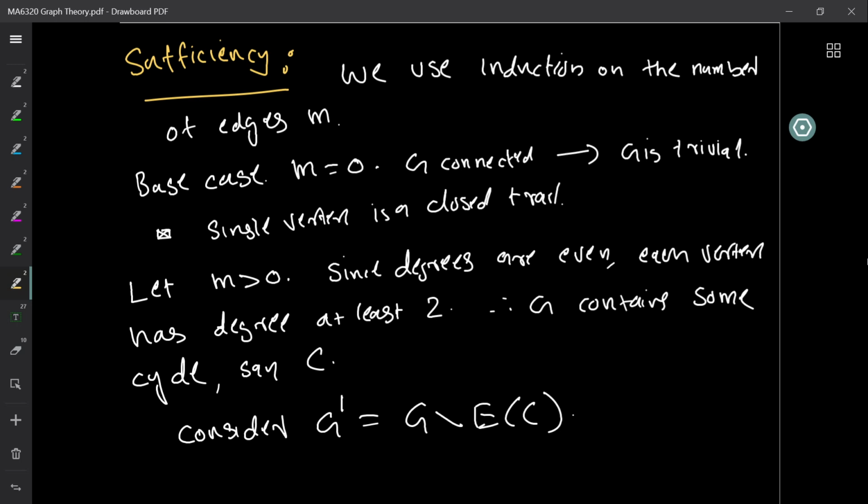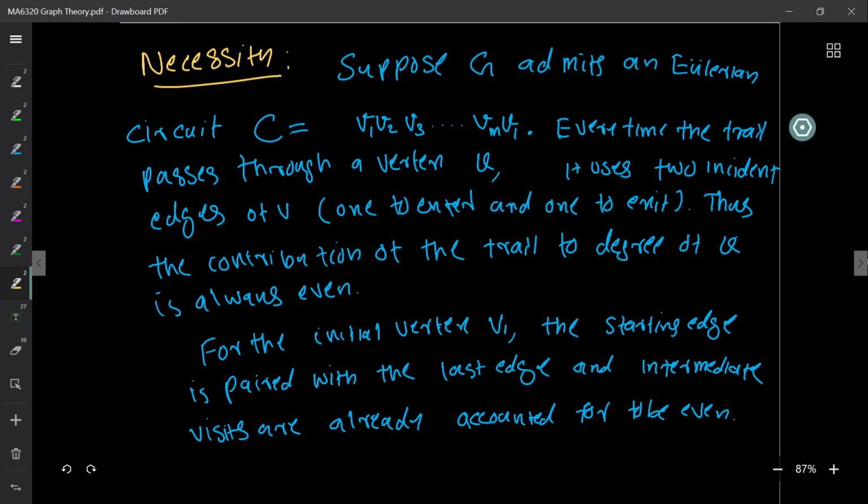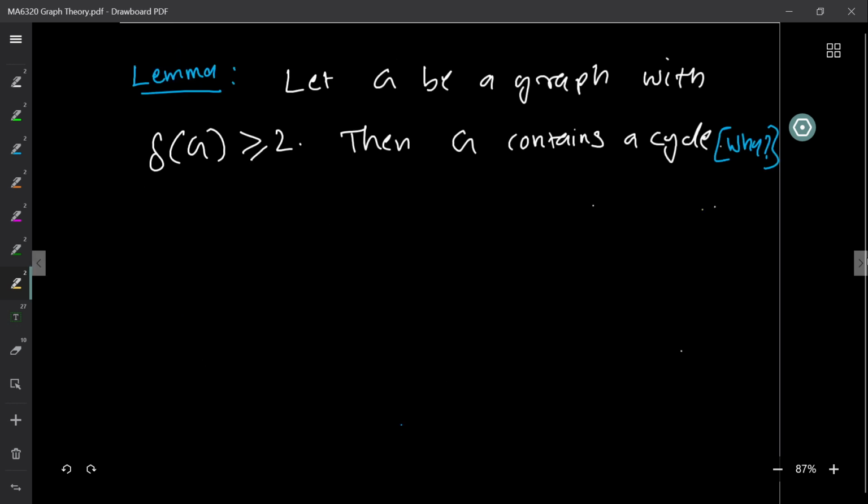Now suppose m is strictly positive, and since the degrees are even, each vertex has degree at least 2, which means that the graph contains some cycle, because our previous lemma says that if the minimum degree is at least 2, then the graph contains a cycle.